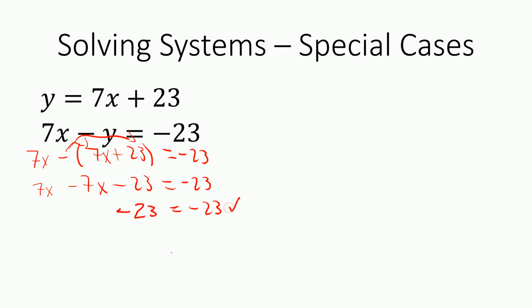Well, yeah, that's always true, which tells me that this system is actually the same two equations, I should say. These two have the same solutions, so therefore they're the same, basically. So if I graph these two on a graph, I would see only one line, because it would look like one line. It's really two lines, one on top of the other. They have all the same solutions, so it doesn't matter what point I choose.